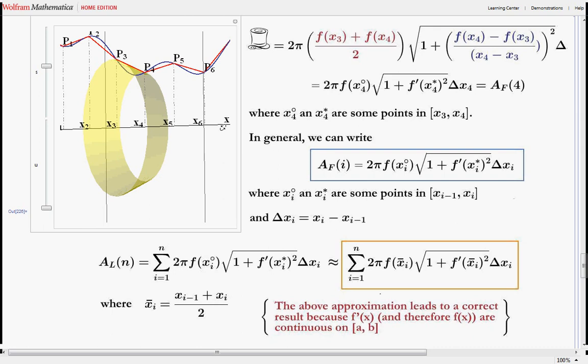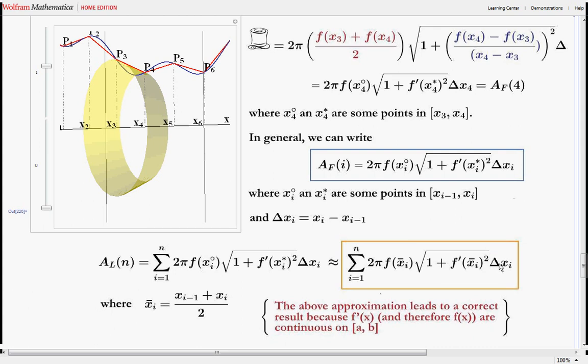Then one needs to sample the values of the function in each of those intervals. And that's why we took the midpoints. And then multiply those values by the length of the interval where the value was taken from. But that's what we have here. Delta x sub i is the length of the ith interval.